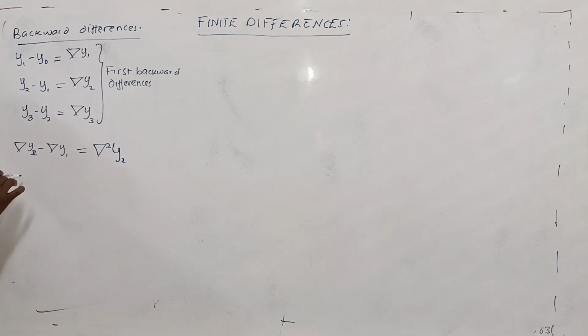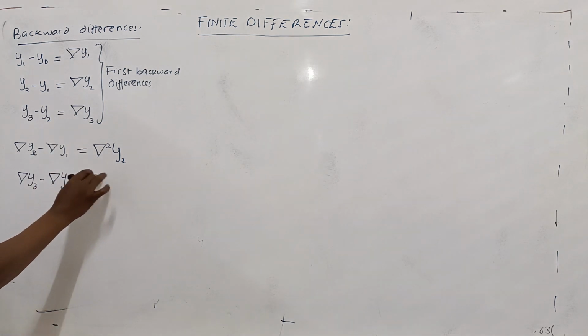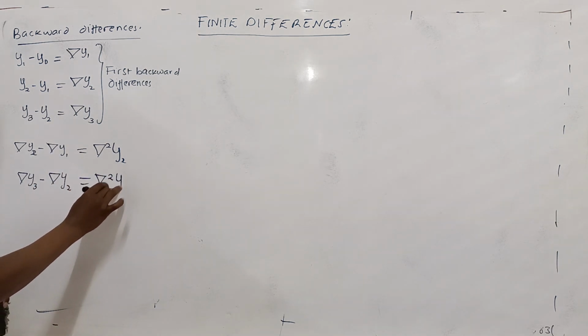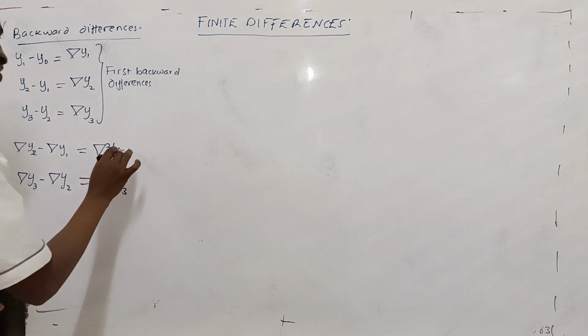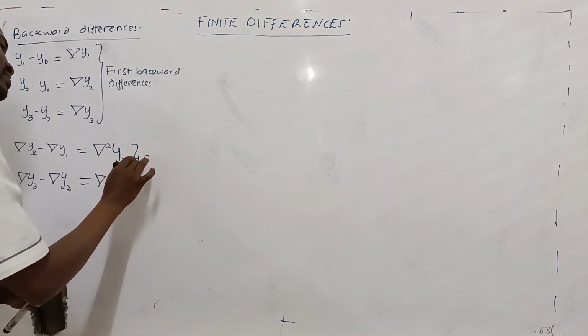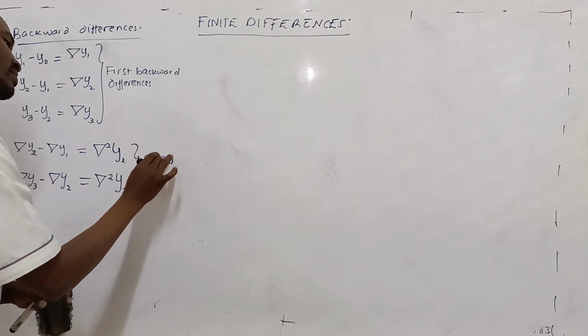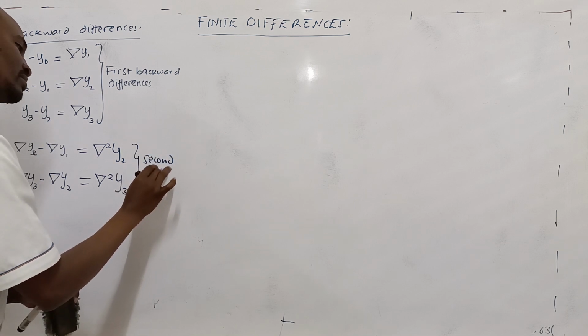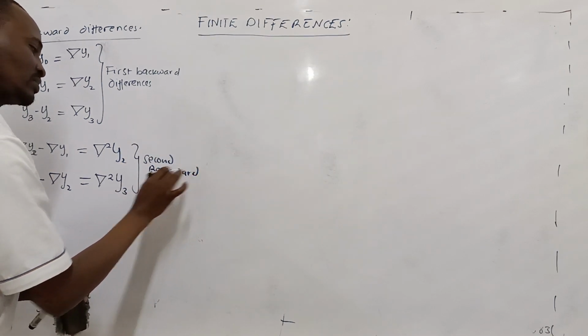Suppose also we took the first backward difference of y3 minus the first backward difference of y2. This will be the second backward difference of y3. So these are called second backward differences.